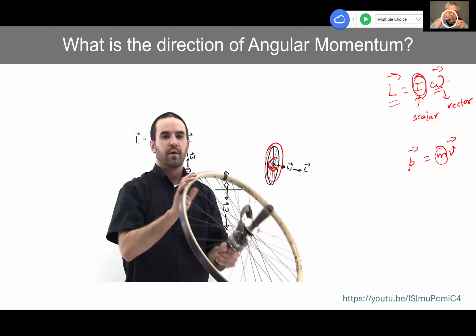And if it is spinning the other way around, then the direction is going to be that. So the positive and negative we write, that's just for mathematical purposes, assuming clockwise, counterclockwise, negative versus positive. But the actual physical direction is perpendicular to the plane of this wheel.